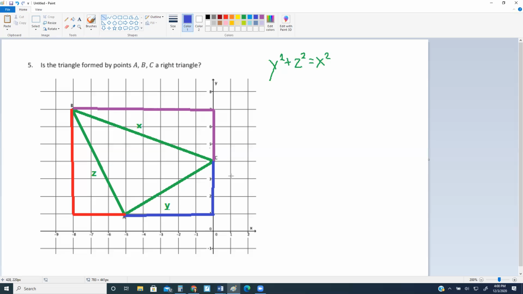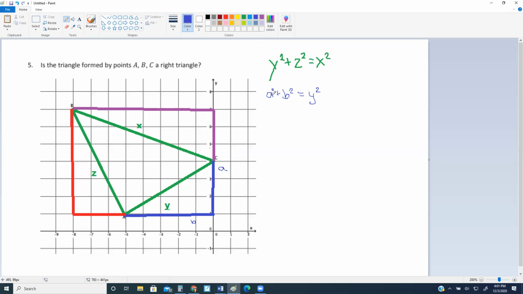On the blue triangle, A squared plus B squared, the blue A and the blue B, equals Y squared. I don't know if the green one is a right triangle, but I know this one is, because it's on the coordinate plane, so it has to be a right triangle.